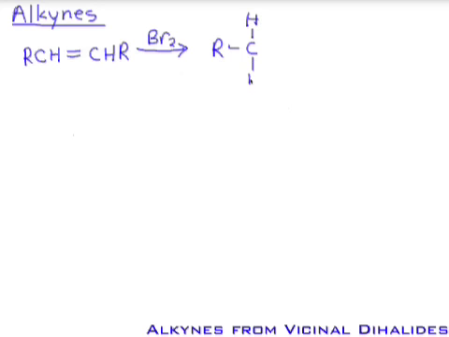How does that get me to an alkyne? Well, it turns out elimination reactions can be used to generate alkynes, because we can do elimination in base. We can take this with a powerful base, and remember our friend sodium amide, NaNH2.